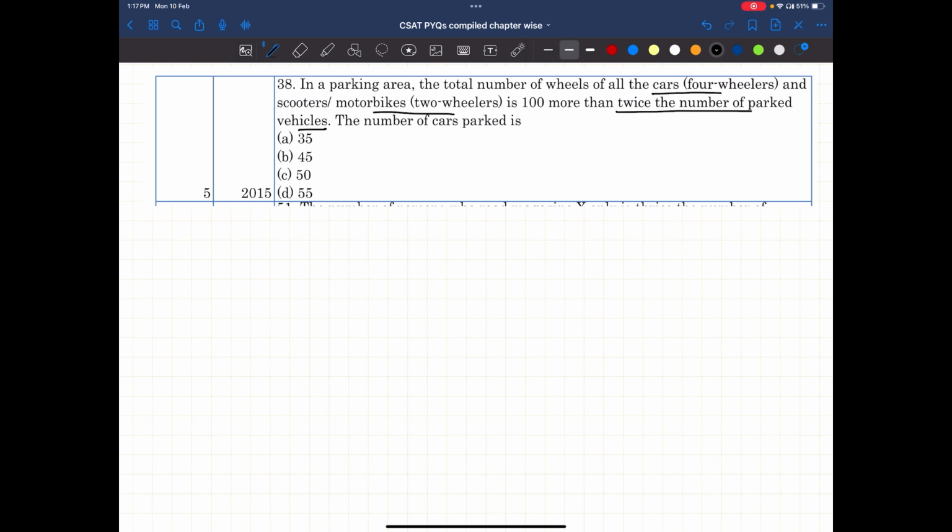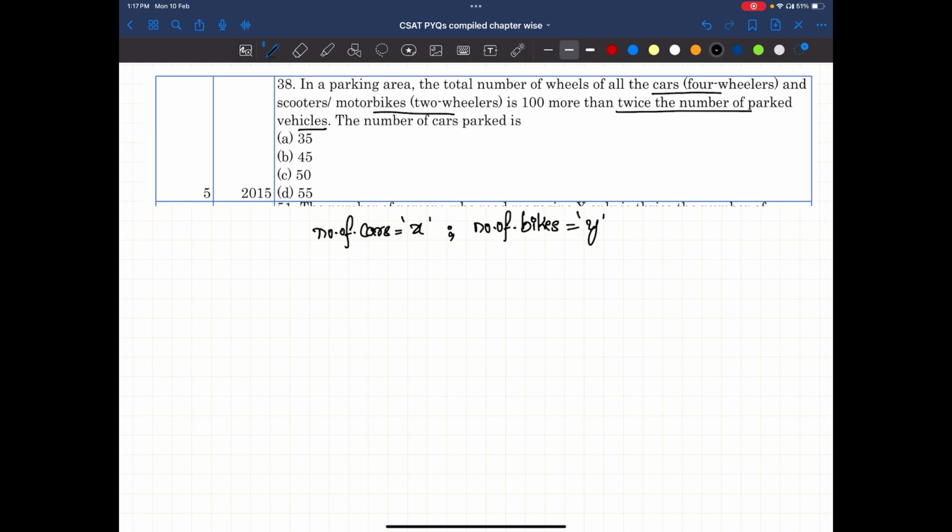First, we'll assume that the number of cars is represented by X and the number of bikes is represented as Y. Now we'll convert the statements into equations.